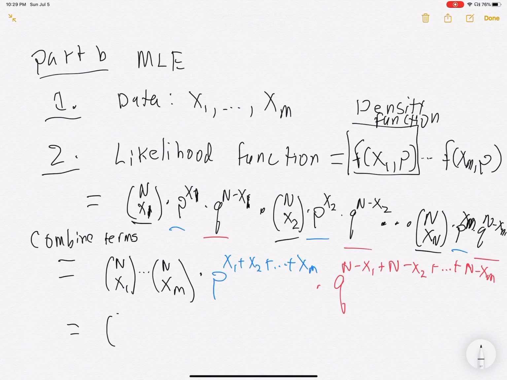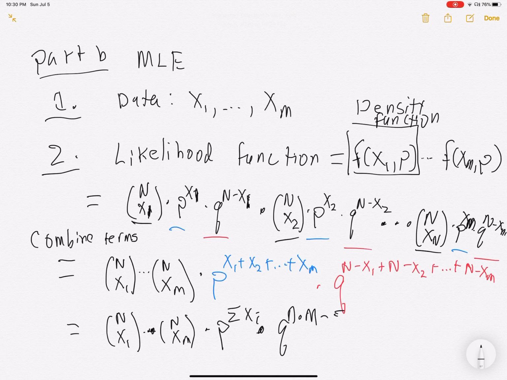So we'll have n choose x sub 1 times n choose x sub m, those are multiply symbols, times p to the summation of x sub i times q to the n times m minus the summation of x sub i, since there are mn of them.